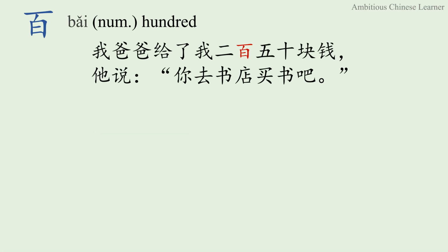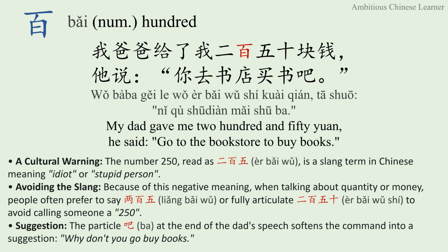我爸爸给了我250块钱，他说：“你去书店买书吧。” My dad gave me 250 yuan. He said, "Go to the bookstore to buy books." 我爸爸给了我250块钱，他说：“你去书店买书吧。” The number 250, read as 二百五, is a slang term in Chinese meaning idiot or stupid person.